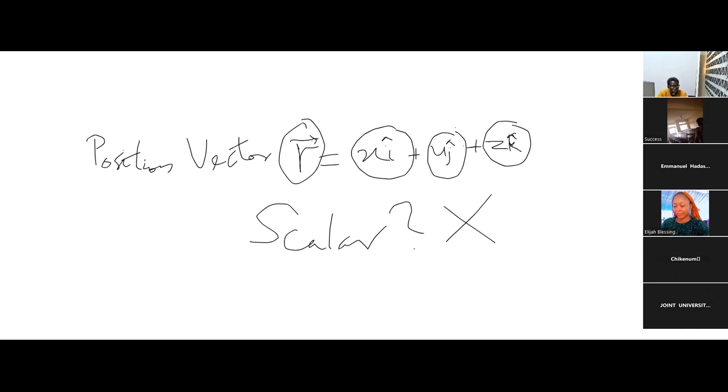Then we discussed motion in 2 or 3 dimensions, which brought us back to position vector, where I informed you that every particle in the space can be described by its position with the help of a position vector.